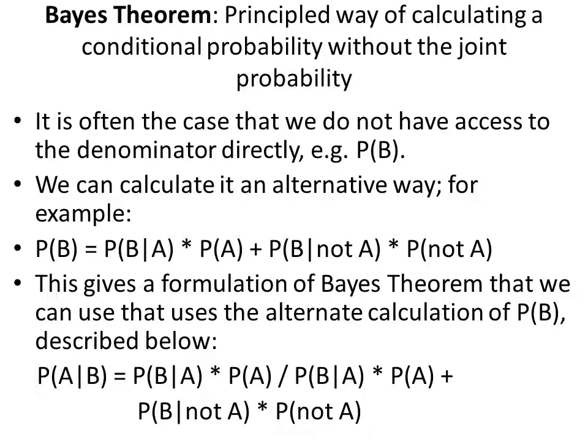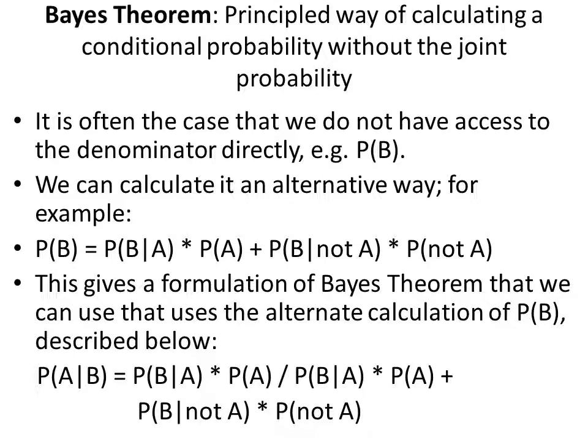It is often the case that we do not have access to the denominator directly. The denominator, for example, is the probability of the event B. We can calculate it in an alternate way.